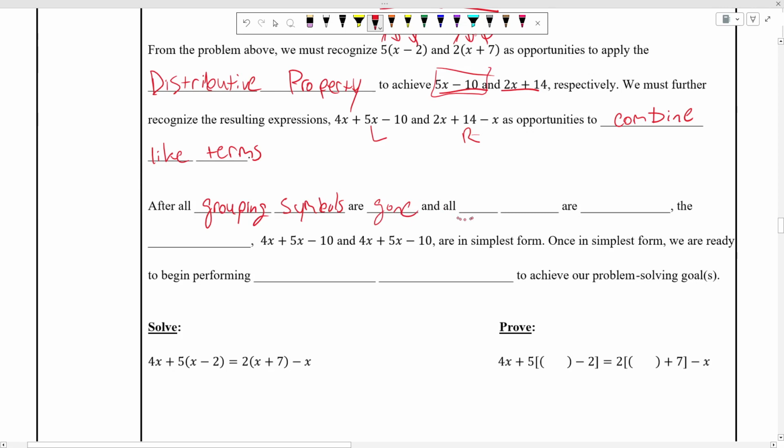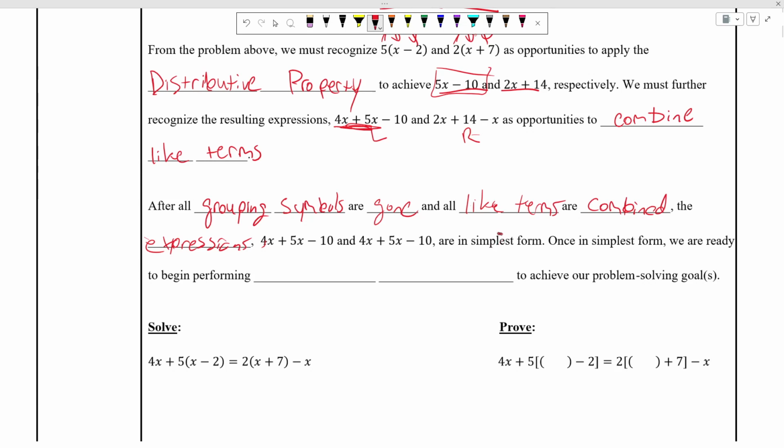Once they are gone, and all like terms, so like terms being this 4x and this 5x, are combined, the expressions, that's what these halves of the equation are called, these expressions are what is known as in simplest form. Once they are combined, once the grouping symbols are removed.